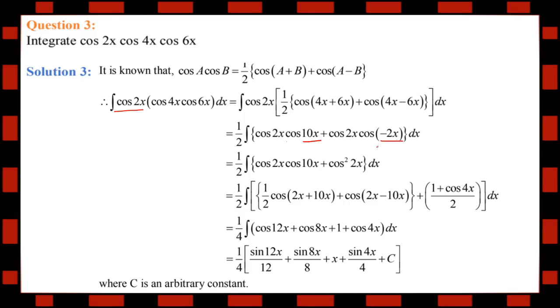Cos(minus theta) is cos theta, so cos 2x into cos 2x is cos square 2x. Now, what are we doing here? Here again we are applying cos A cos B, so again half of [cos(A plus B) plus cos(A minus B)], and here we are applying cos square x as (1 plus cos 2x) upon 2. So after that, solve it, split and take the integral.